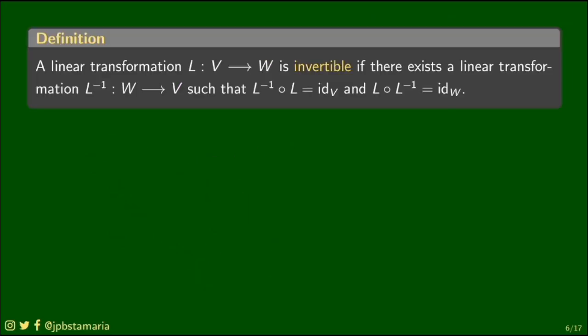So we are now defining what it means for a transformation to be invertible. Invertible in simple words means that the transformation can be reversed, or the action of the transformation can be reversed. So you could recover everything in the pre-image stage whenever you know the image.